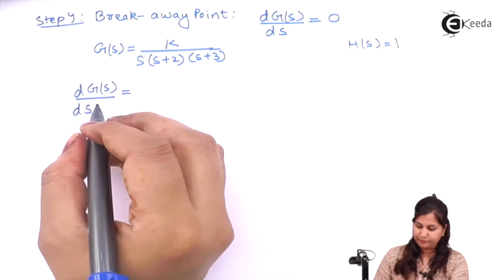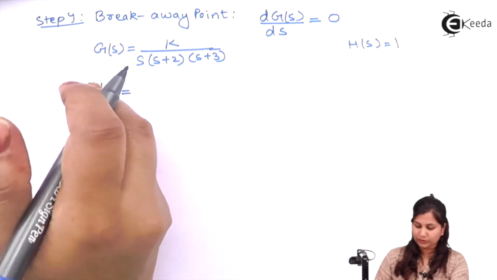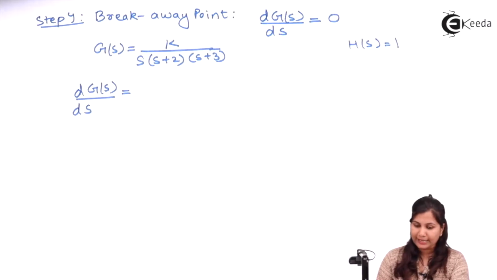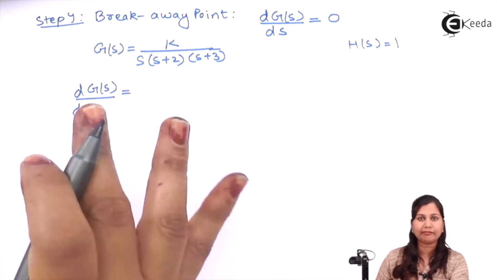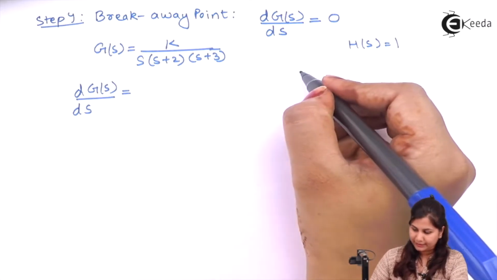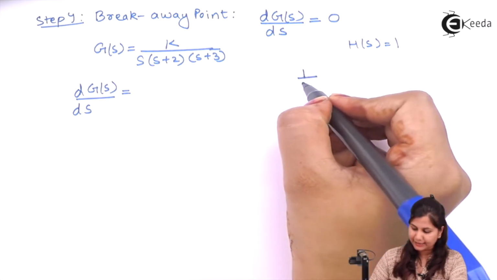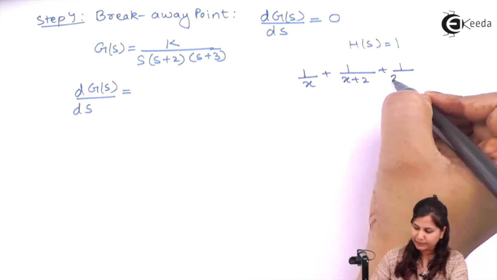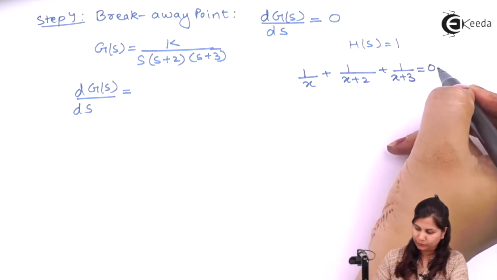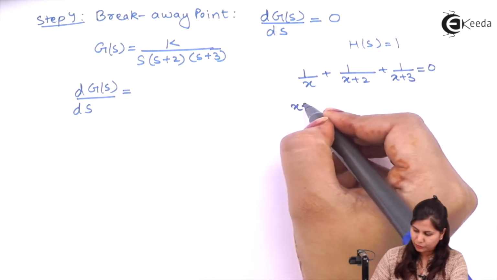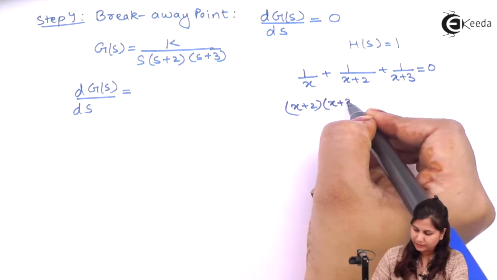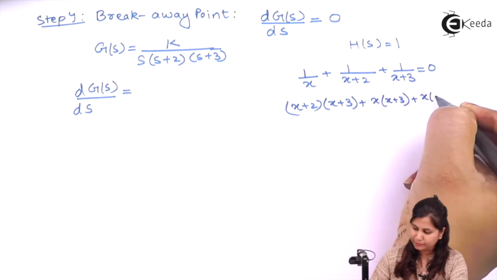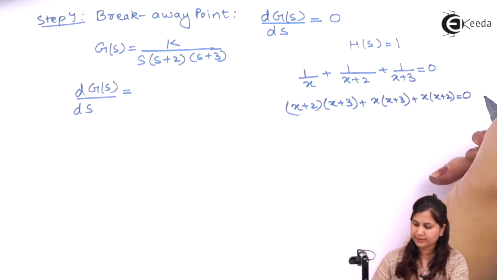There are two methods to find out this differentiation. First is to apply the differentiation formula, and second method is to directly find the breakaway point by letting S as x: 1 upon x, 1 upon x plus 2 and 1 upon x plus 3 equals to 0. So we are having (x plus 2)(x plus 3) plus (x plus 3) plus (x plus 2) equals to 0.